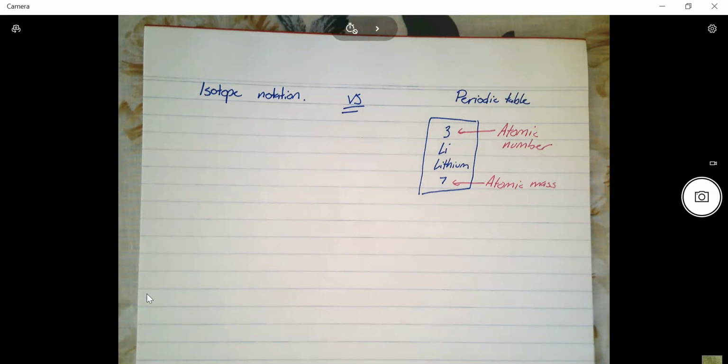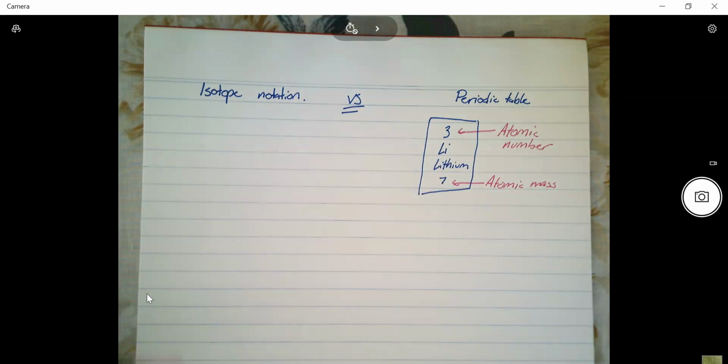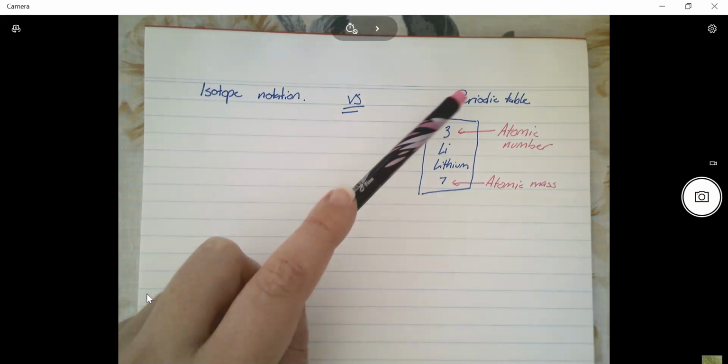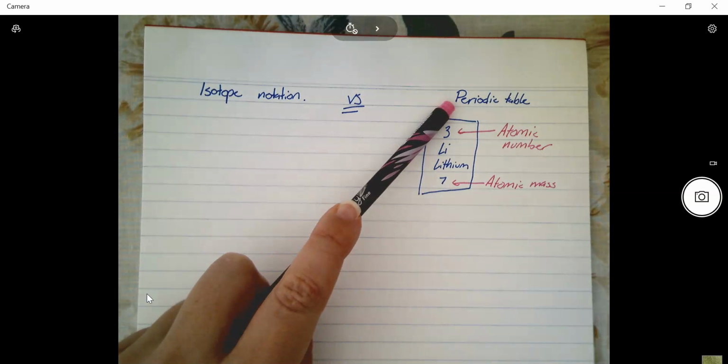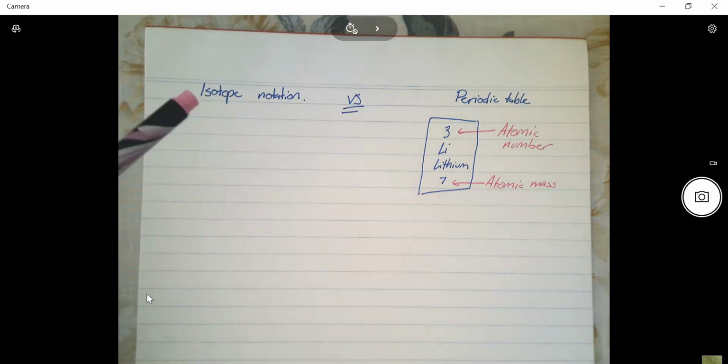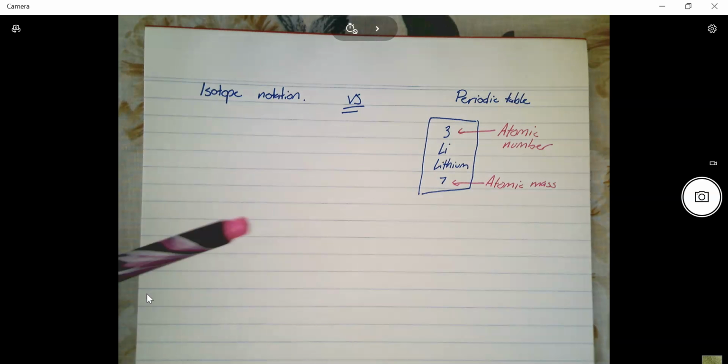So that's how the periodic table is written. Hopefully you also know this is the element symbol and the element name. Isotope notation is just a different way scientists write what's on the periodic table. For some scientists, they prefer this way because once you get used to it, it's a lot quicker.